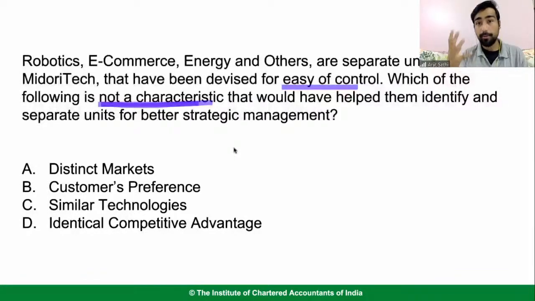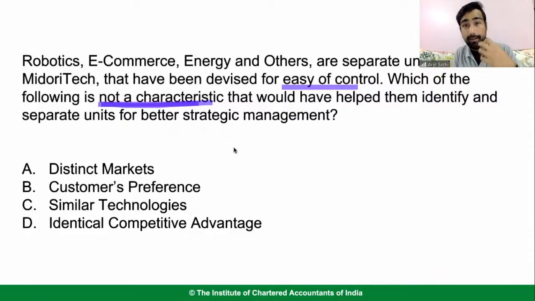You see how I am reading the question? This question is not even related to the case scenario, it is a straightforward question linked to the case scenario. The case scenario gives us a reference that the company has created divisions based on their customer's industry, right? But that does not generally mean that it is the only way.